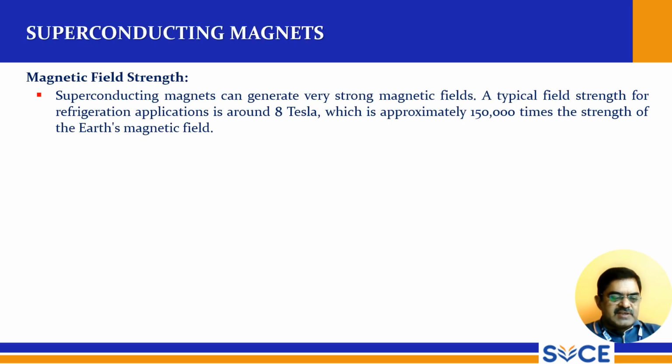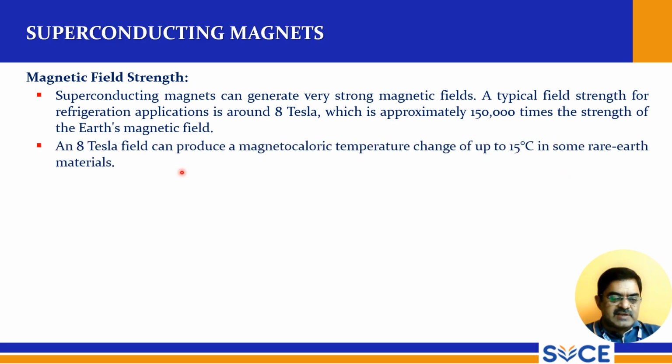So magnetic field strength: superconducting magnets can generate very strong magnetic fields. A typical field strength for refrigeration applications is around 8 Tesla, which is approximately 150,000 times the strength of Earth's magnetic field.